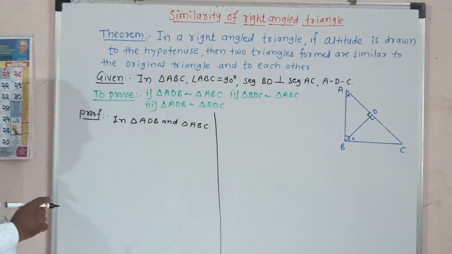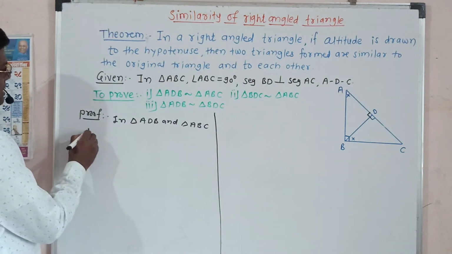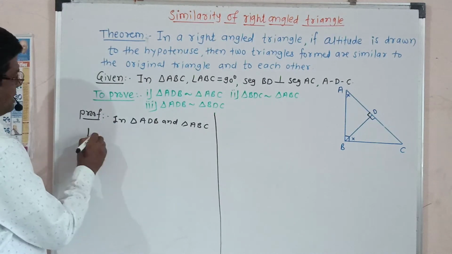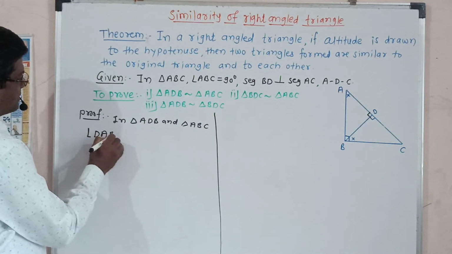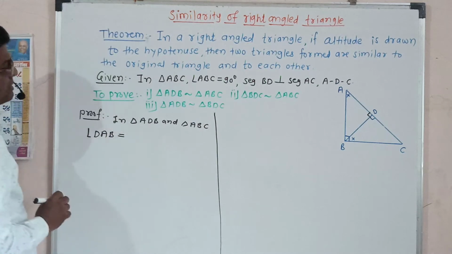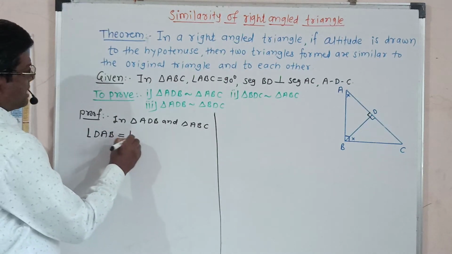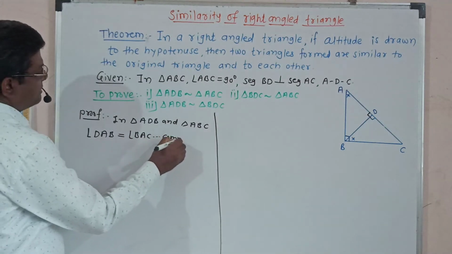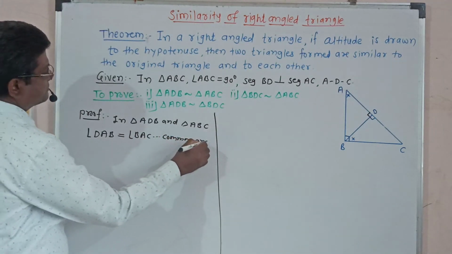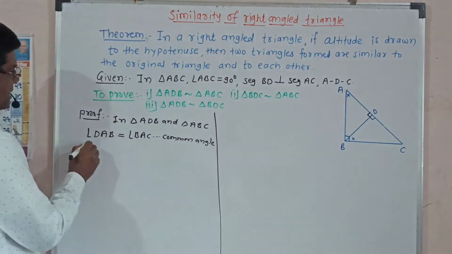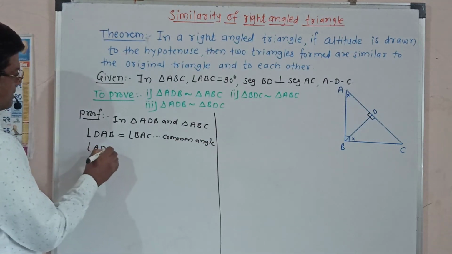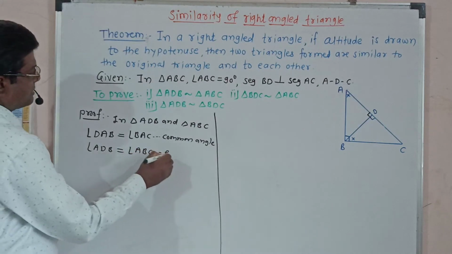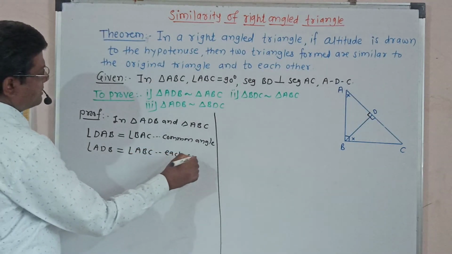So we write angle DAB is equal to angle BAC. This is common angle. Angle ADB is equal to angle ABC, each 90 degree.